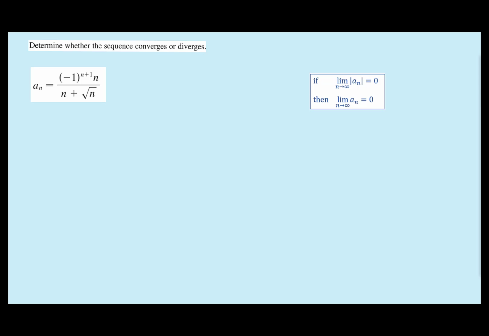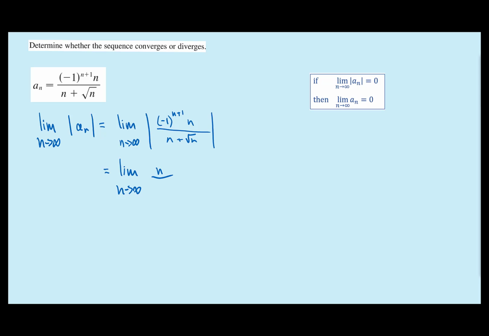Let's see what happens here. Taking the absolute value of this expression really just means ignoring the negative 1.